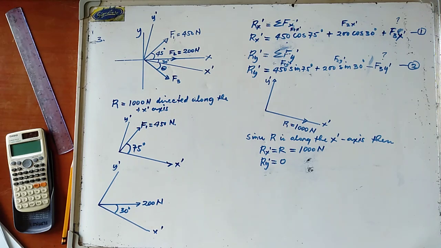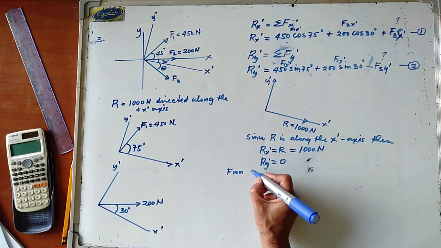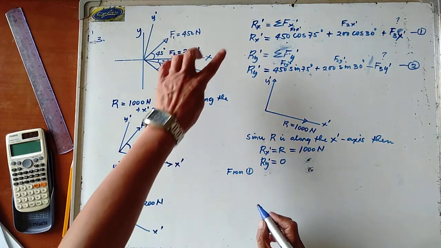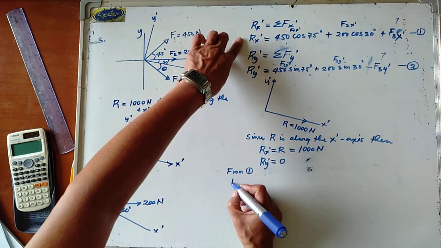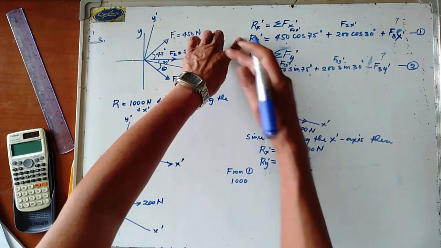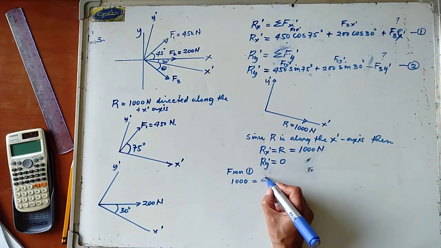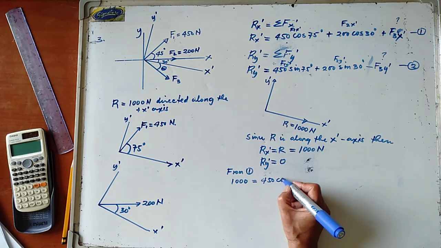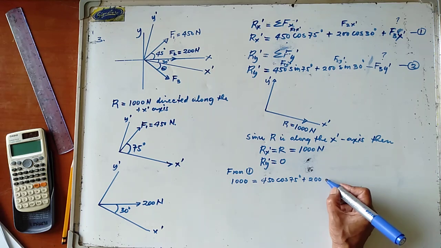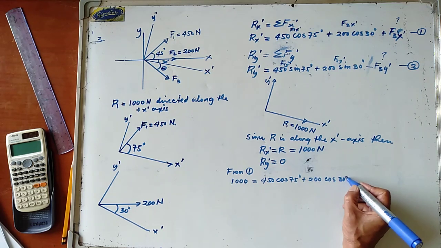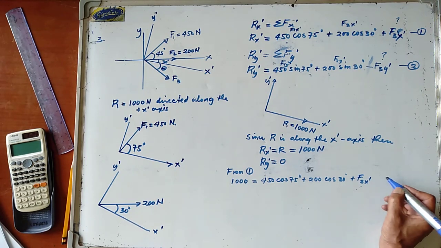From equation 1, Rx, which is equal to 1,000, directed to the right, is equal to 450 cosine of 75 degrees plus 200 cosine of 30 degrees plus F3x prime.